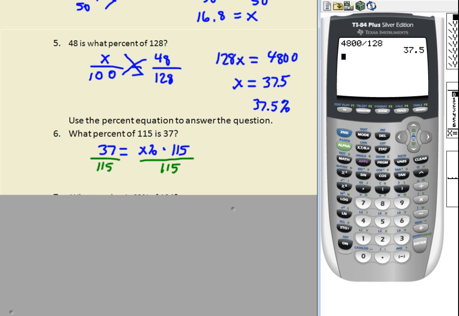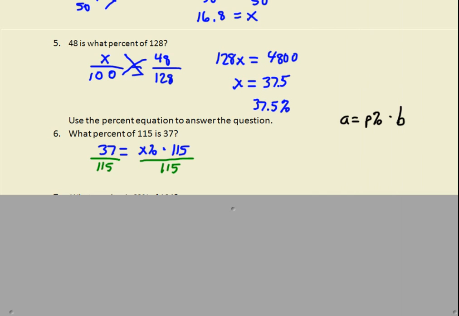So divide each side by 115, 37 over 115. And again, we can use the handy dandy calculator, and we get 37 divided by 115 is equal to, and I'm going to round this at 0.322. So we look at the 1 in the thousandth place, and to the right of it we have 5 or higher, so I'm going to round that up to 2. So 0.322 equals X percent.